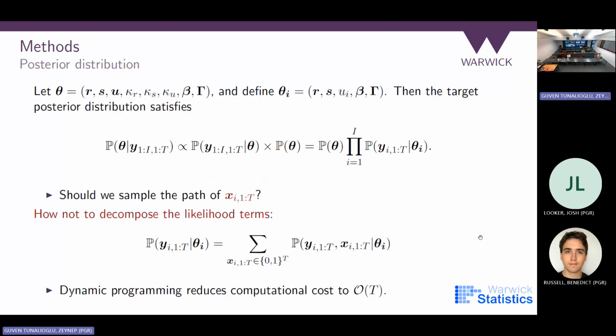So, like the title says, this is a fully Bayesian framework. We are trying to target the posterior distribution of all of the model parameters. We set theta to be equal to all of the parameters, and then we define a subset of it, which is literally saying that we pick one spatial location, UI.